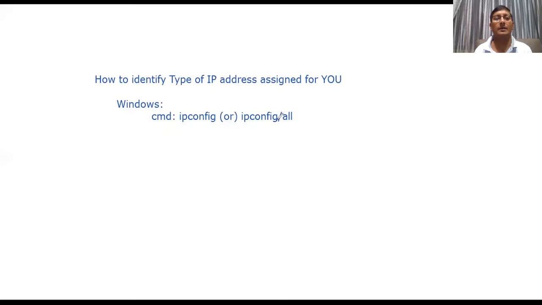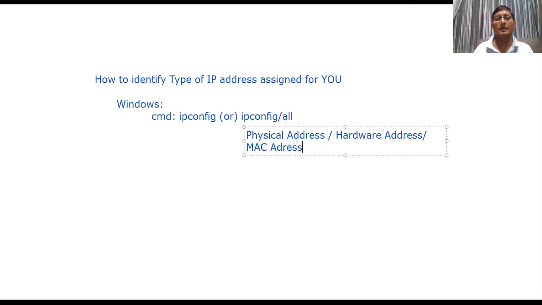You understand the details when you are using ipconfig. What we are getting here is the physical address, or we can call it hardware address, also called the MAC address.